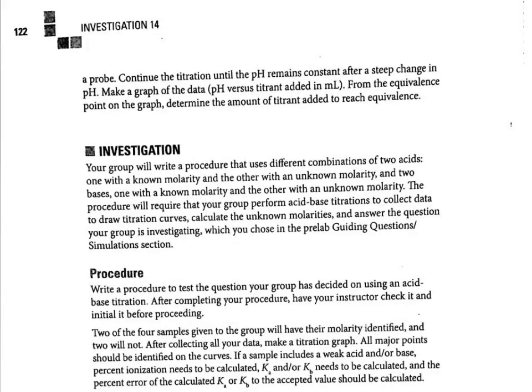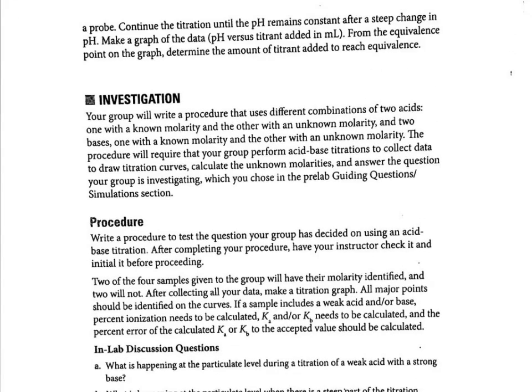The main thing that I want for your procedure is the actual investigation procedure, the one where you're trying to answer your particular question. So I suppose if you wrote your question that was assigned to you as your beginning question, that would be fine too. You don't have to do that. Just somewhere in your procedure, make sure that you tell me which of the questions you are answering so that I know.